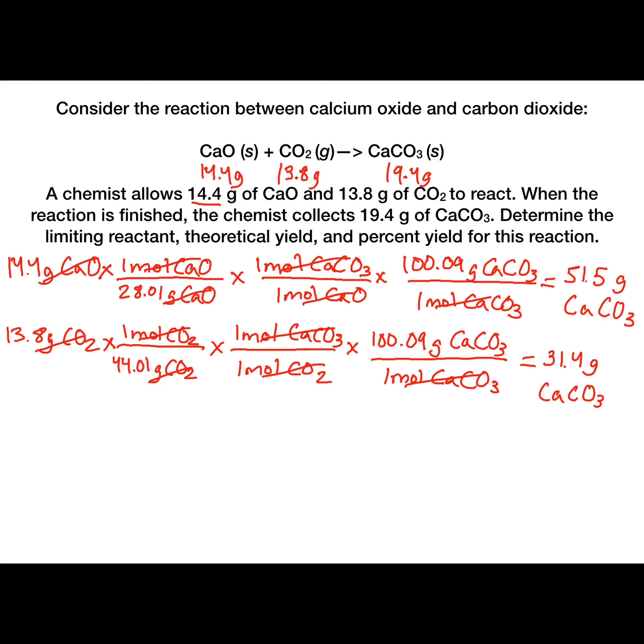So our limiting reactant is our CO2, and I'm going to circle this here. And our theoretical yield is going to be our 31.4 grams.